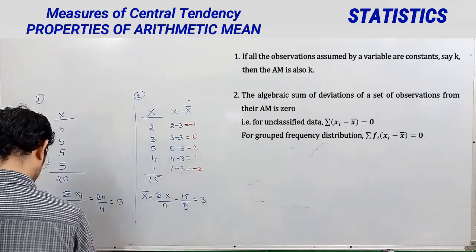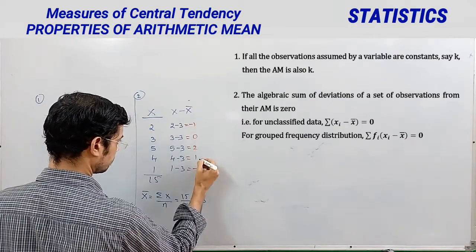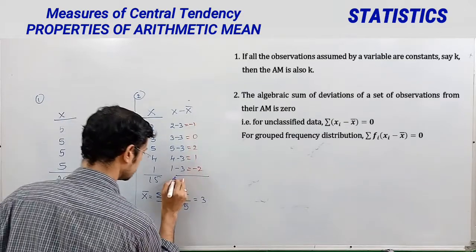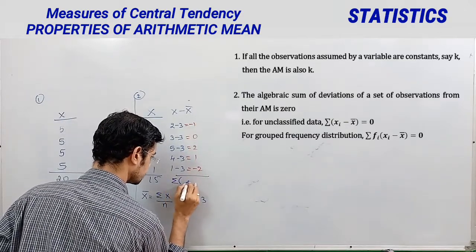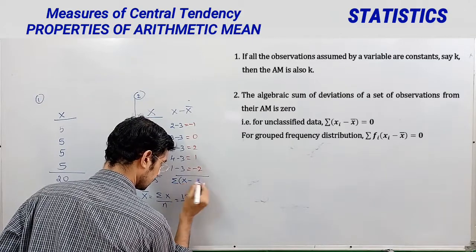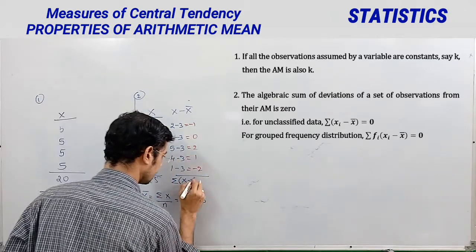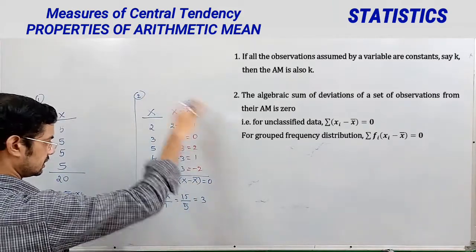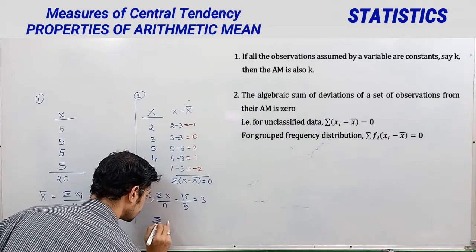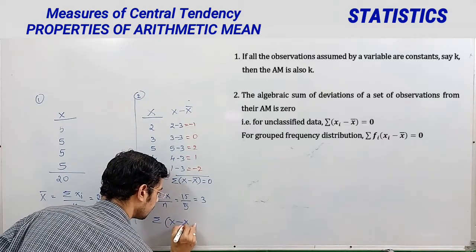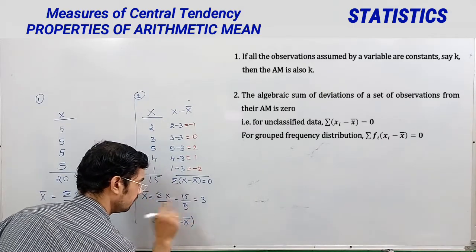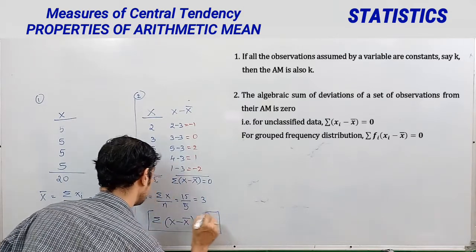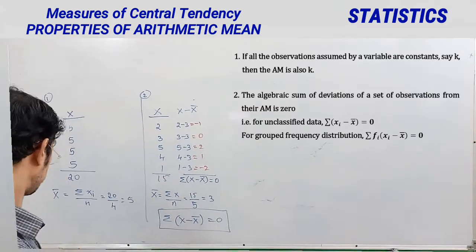Now what is the sum? Minus 1 plus 1 cancels, 2 minus 2 cancels. So the sum of all deviations taken from the mean, x bar, is equal to 0. This says that the sum of deviations taken from the mean x bar is 0. This is a very important property.